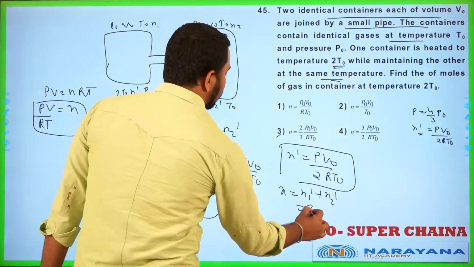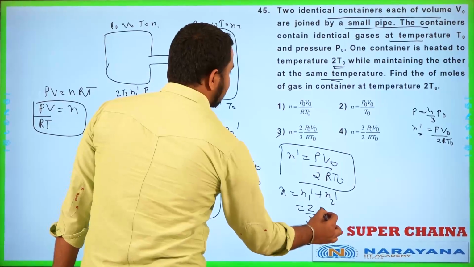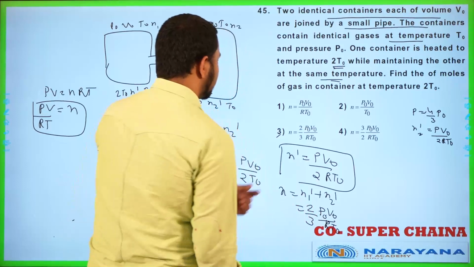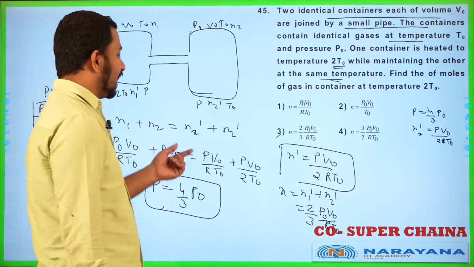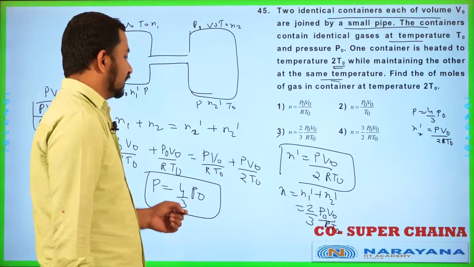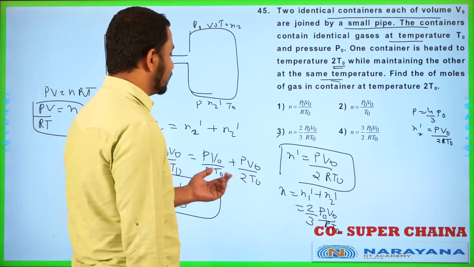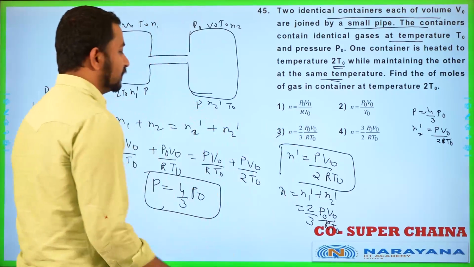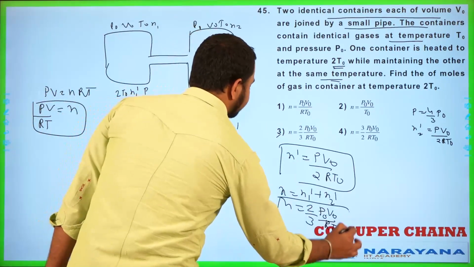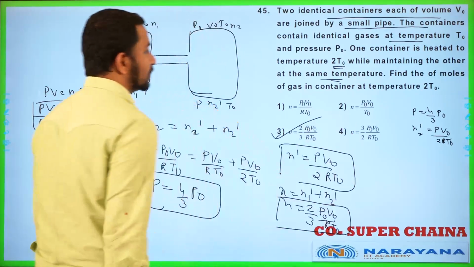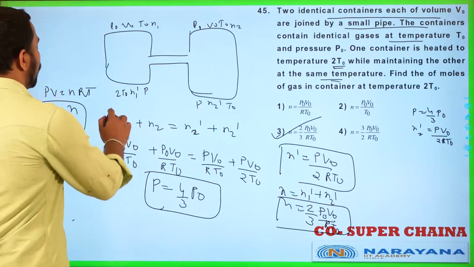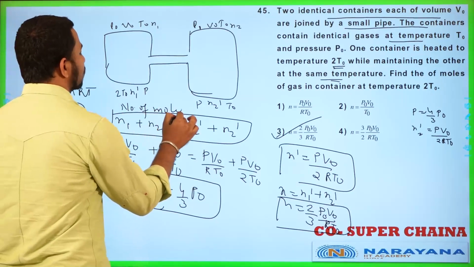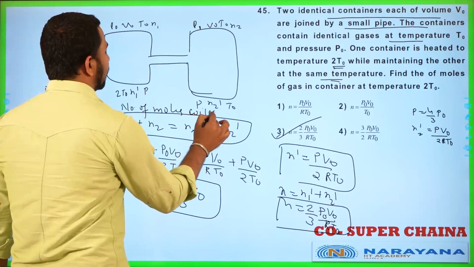Simplifying, it comes to 2 by 3 P naught V naught by R T naught, because one is at temperature 2 T naught. That will be the answer of this question. We have equated the number of moles, which stays the same; this is the concept we used.